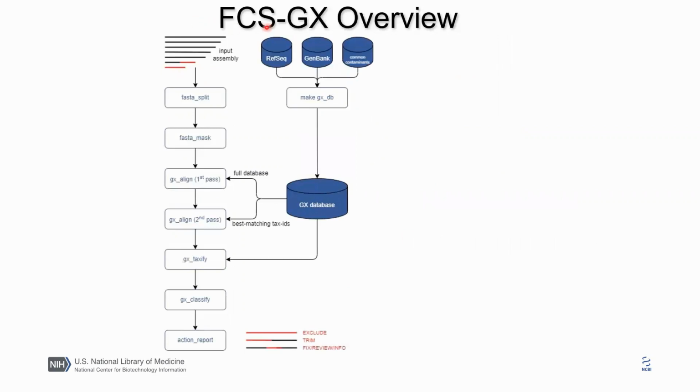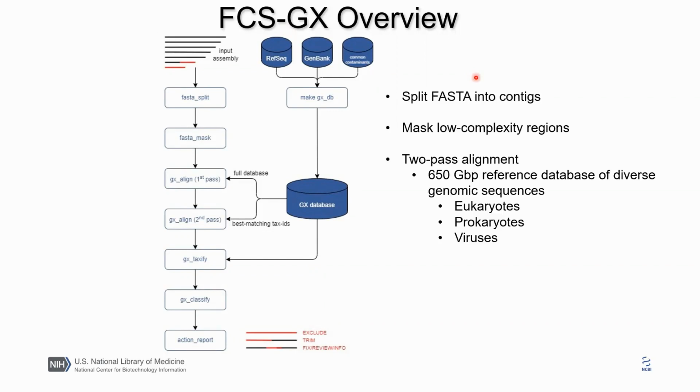The second tool we call FCS GX, which is a brand new tool that looks for contamination from foreign organisms. The workflow here is to split the FASTA and mask low complexity regions, followed by an alignment step that operates in 2 passes.